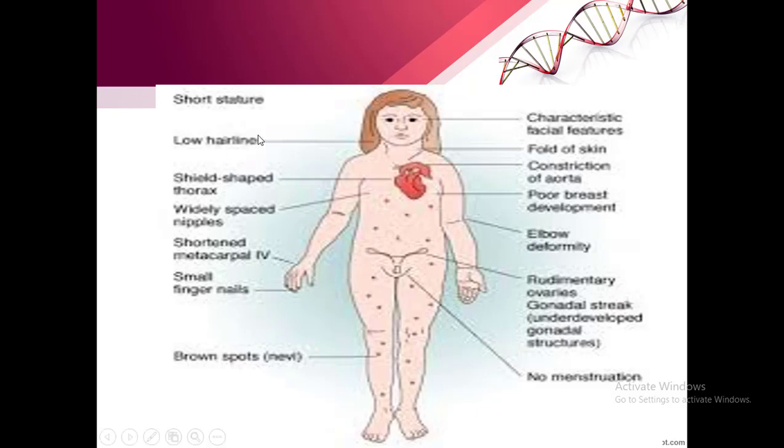And the most important thing is the short stature, some characteristic facial features, webbing of the neck, low hairline posteriorly. There is increased risk of congenital heart disease, shield-shaped thorax, widely spaced nipples, elbow deformity, and gonadal streaks. Okay? And there is no menstruation. The child or the patient is usually amenorrheic.